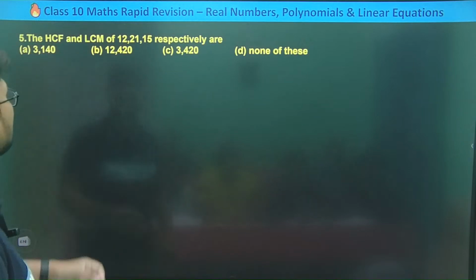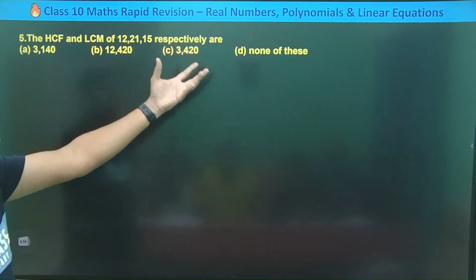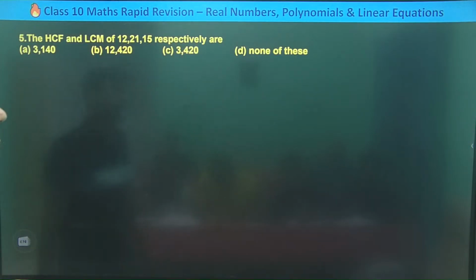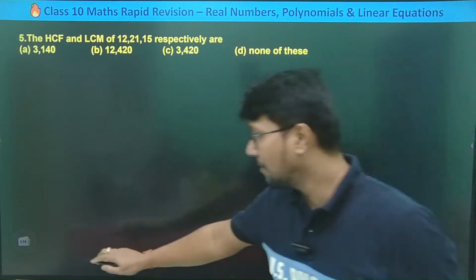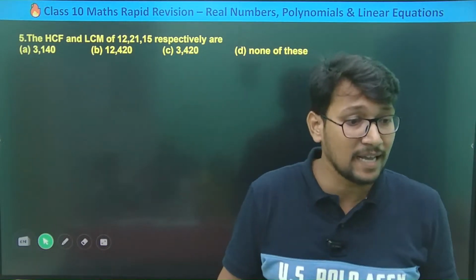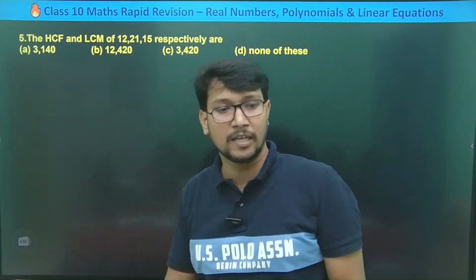Next, find the HCF and LCM of 12, 21, 15 respectively. Find it, everyone. Simple, by the factorization method. No other method.